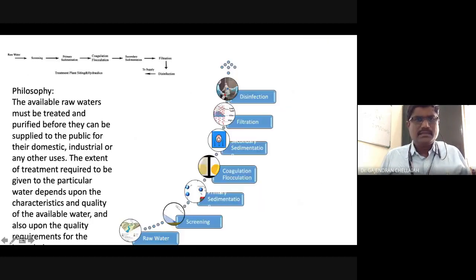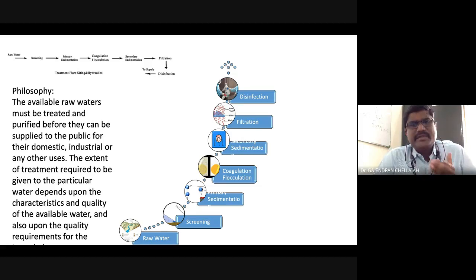Okay, that's good. So this is the thing I just want to show you. Our philosophy is that the available raw water must be treated and purified before it can be supplied to the public for domestic, industrial, or any other use. The extent of treatment required for a particular water depends on that requirement.